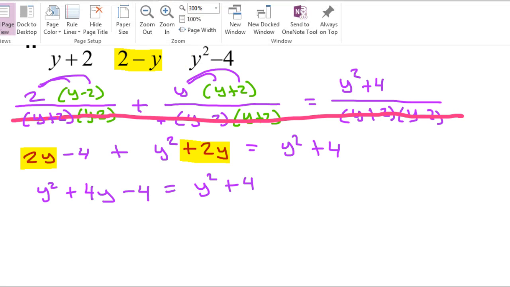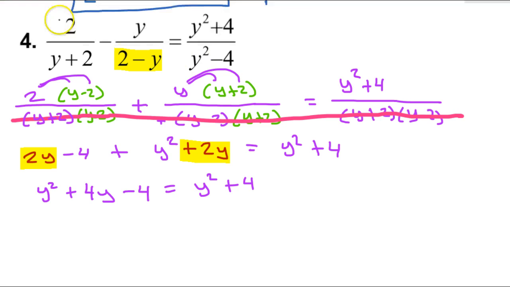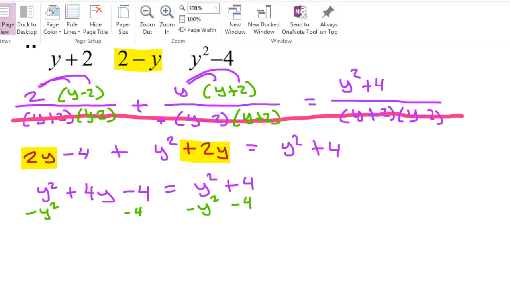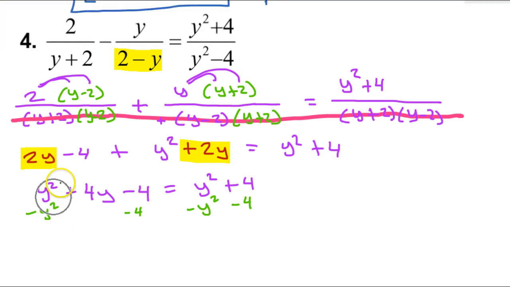So next I want to subtract y squared from both sides, because I want to get these together. And I'm also going to subtract 4 from both sides. Okay, so that's going to give me, well, these cancel out.